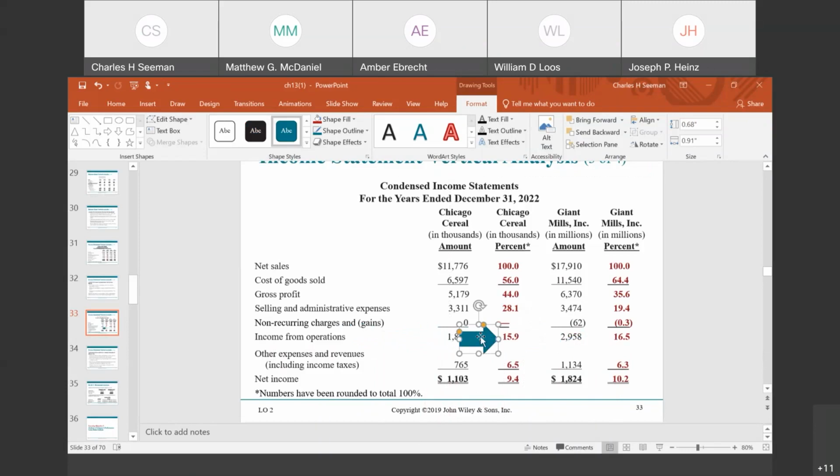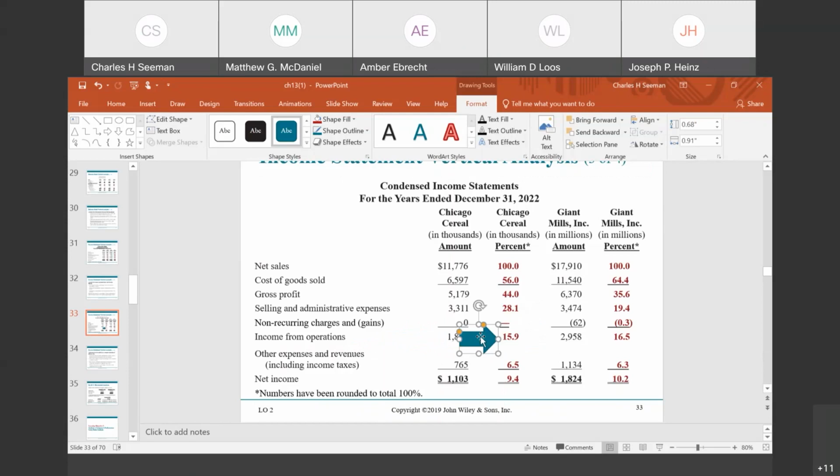that Chicago Cereal is generating 15.9 cents of every dollar of income. Sorry, let me rephrase that.